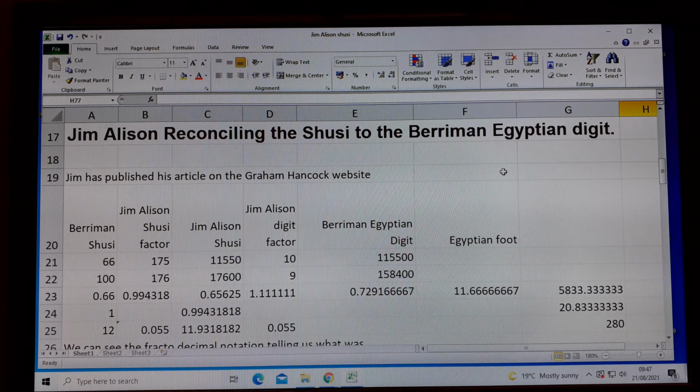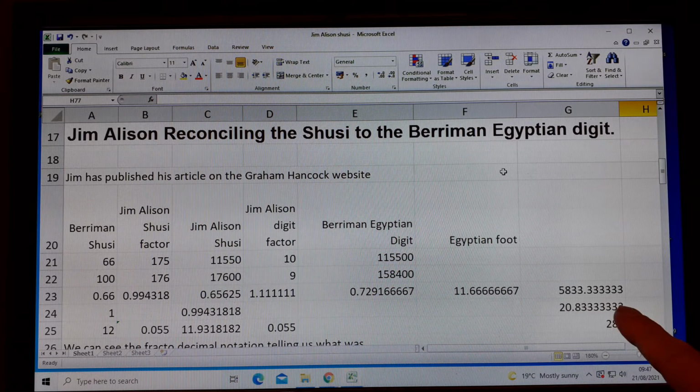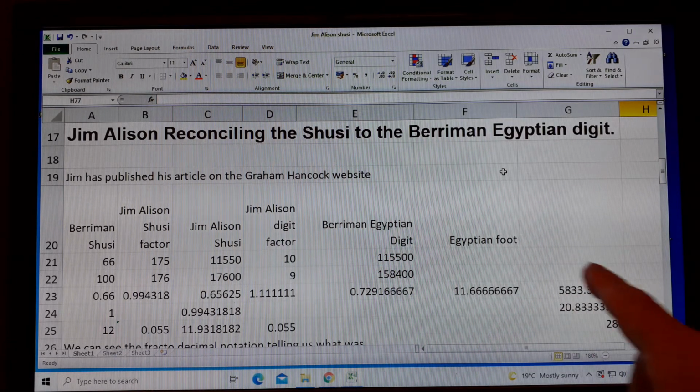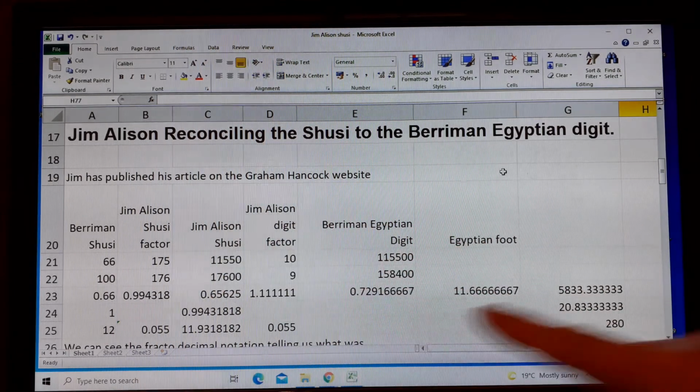And the base 100 cubit is 20.833 inches. We multiply that by 1.584, we get 33. That's the megalithic yard at the base 100 Giza Pyramid. As I say, this is very complex, and we've got the base 100 cubit here. So what we're going to do is look at how we can get this figure from this work of Jim's here.